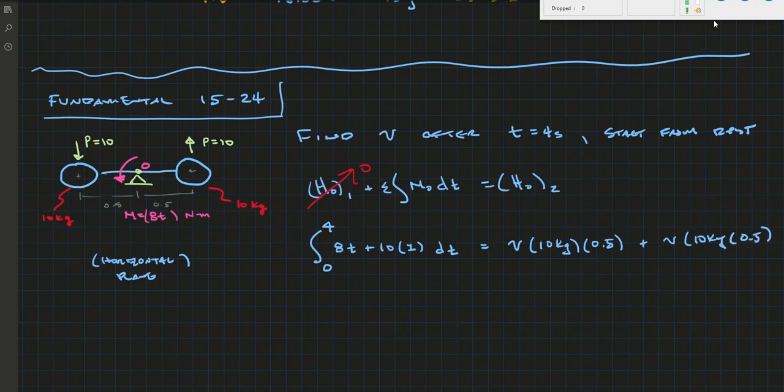So it's essentially 2 times this, or 10 times V, and this is our final velocity. We may as well call that v2. So this then equals 8 times 4 squared over 2 plus 40 equals that. And so our final velocity is 10.4 meters per second.